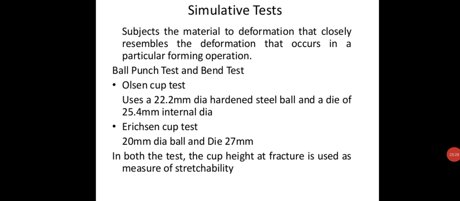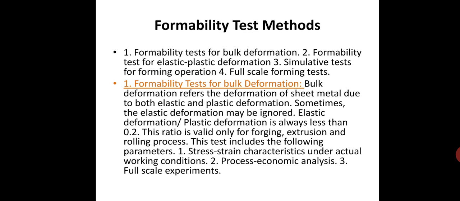Let's see the various tests in the formability of sheet metal, one by one. The first test is the formability test for bulk deformation. In this test, bulk deformation refers to the deformation of sheet metal due to both elastic and plastic deformation.